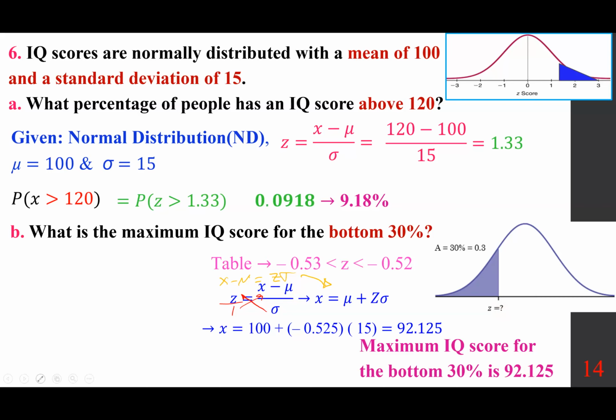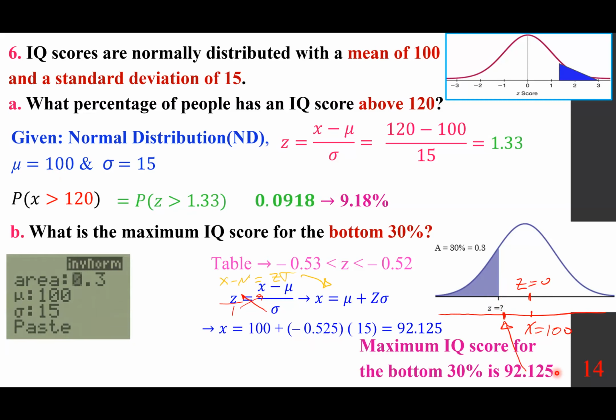In other words, if you draw a line, z-score of 0 corresponds to x-score of 100, which is the mean. And the z-score of negative 0.525 corresponds to the x-score of 92.125.